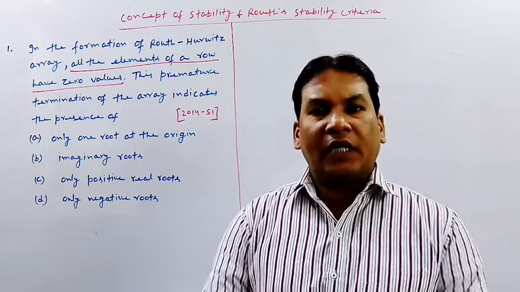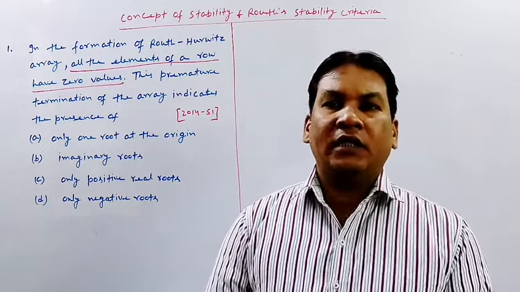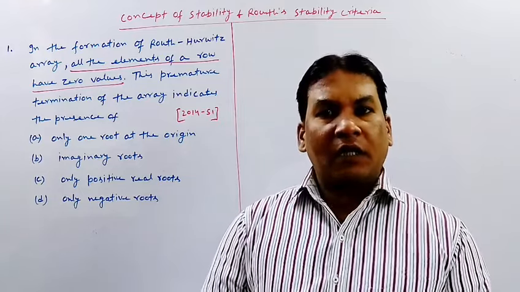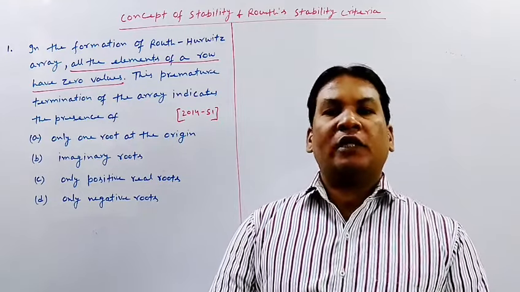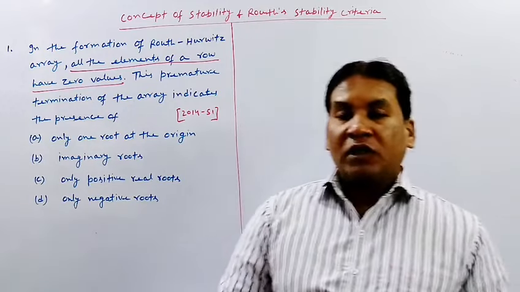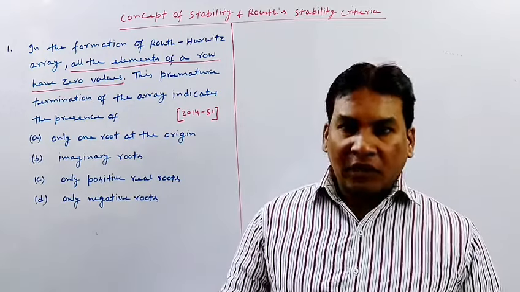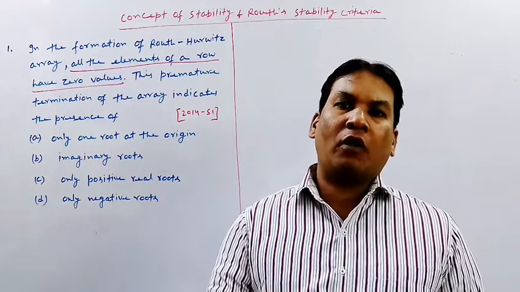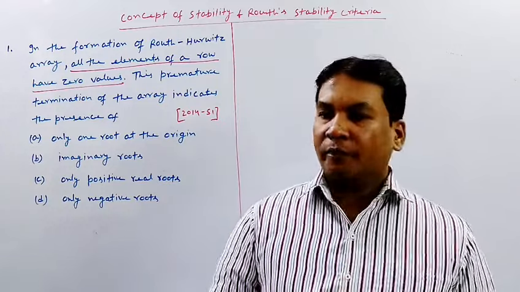And why does this difficulty arise? This difficulty arises due to the presence of symmetrically located roots. What are symmetrically located roots? It means if there is a pole on the positive real axis, then there must be a symmetrical pole on the negative real axis.